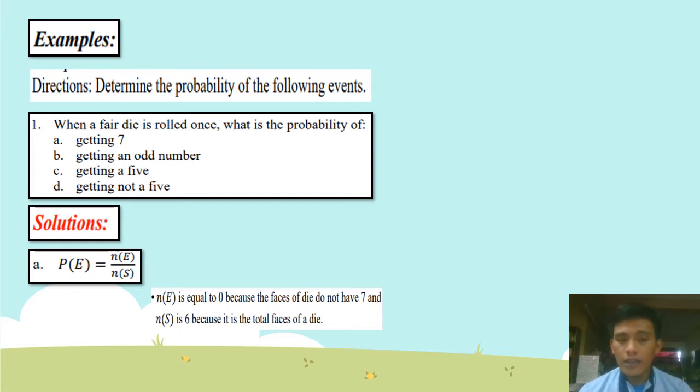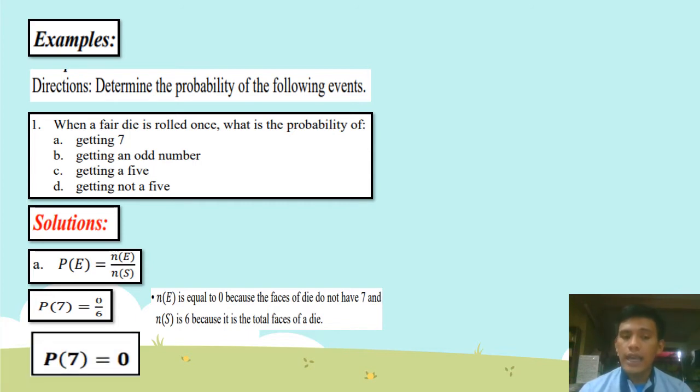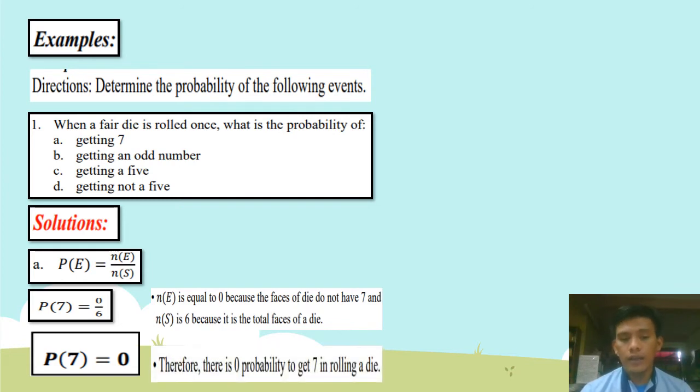The total faces of a die is equal to 6. So our N(E) is 0 and our N(S) is 6. 0 divided by 6 will be equal to 0. So our probability of 7 is 0.